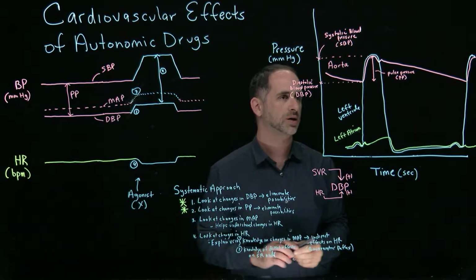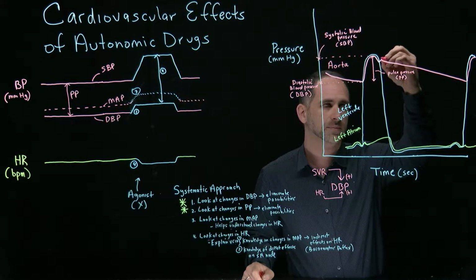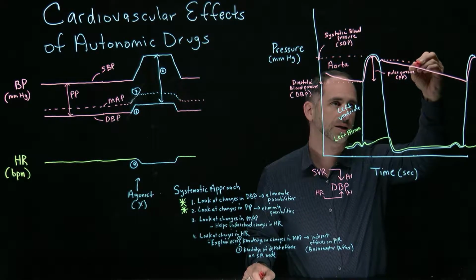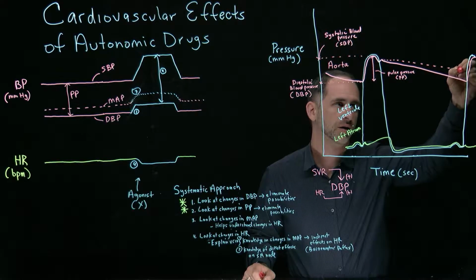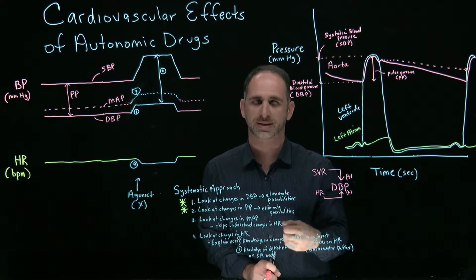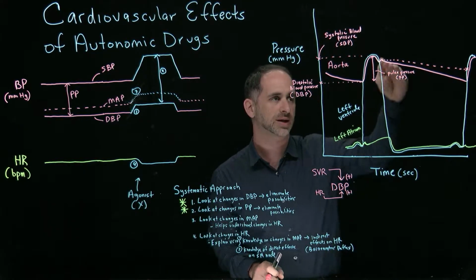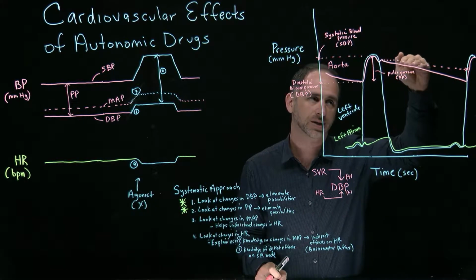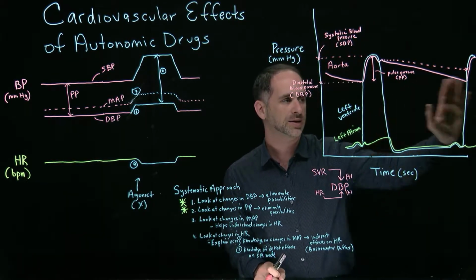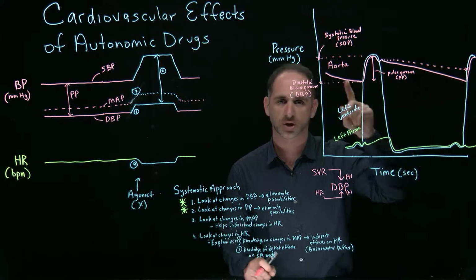So what we can do here is illustrate two scenarios, right? Here would be an example of an increase in systemic vascular resistance. You can see that the decay in pressure is slowed, and I'm keeping the heart rate the same. Notice that the next cycle happens at the same spot, so I'm only changing one variable here.